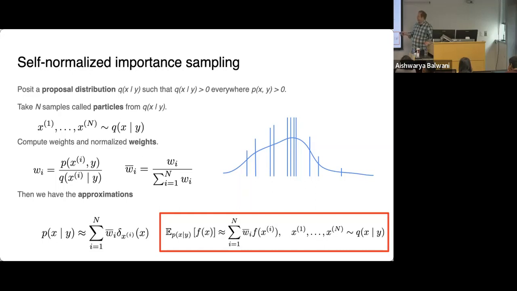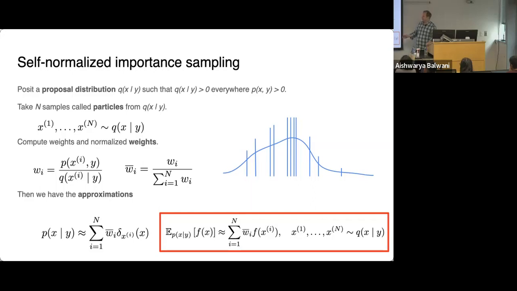In general, what would the optimal Q be? Optimal Q would be P of X given Y. Q is a density on X, right? Ideally, we'd like to propose from the distribution that we want to sample from. The starting point for this, though, is that the posterior distribution itself is not something that we can directly sample, because if we could, we would just do that directly, and all of our weights would be 1, and it would reduce to ordinary Monte Carlo.